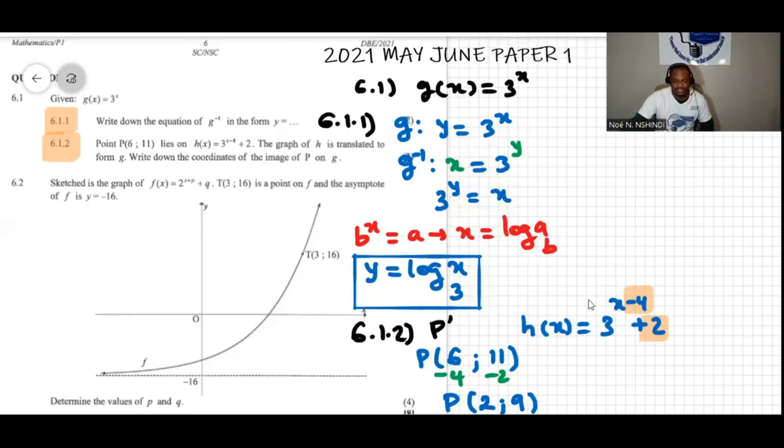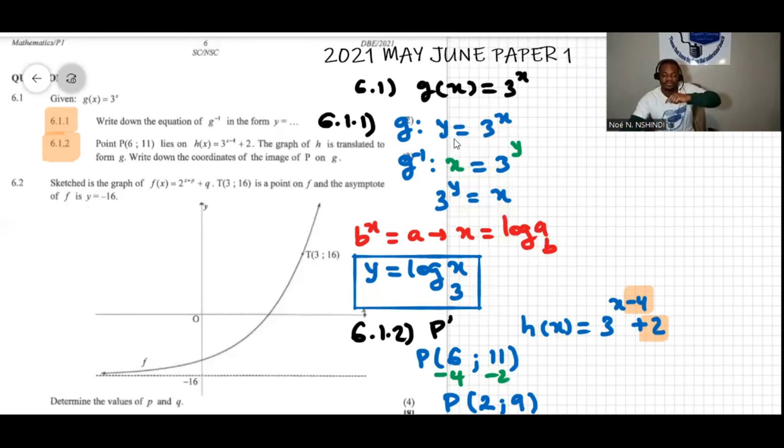Let me say it one more time, explaining differently. I said the initial function g was 3 to the power of x. And when we see something like this, we understand that this is a translation of this function. This means the same function 3 to the power of x shifted 4 units to the right and then 2 units upwards. Now it is said that the point P lies on this graph, the translation of g.